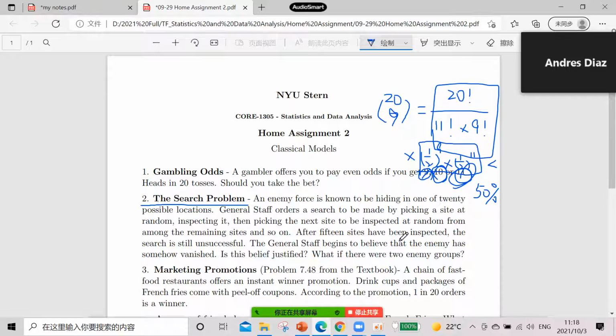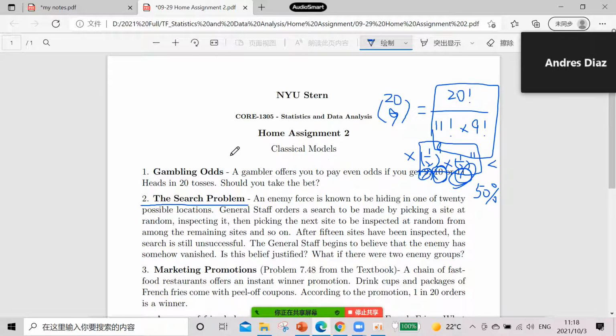Not necessarily. It's not 0.5 times that. It's the probability of observing a specific sequence times 20 choose 9. And the probability of observing a specific sequence is actually 0.5 to the power of 9 times 0.5 to the power of 11.